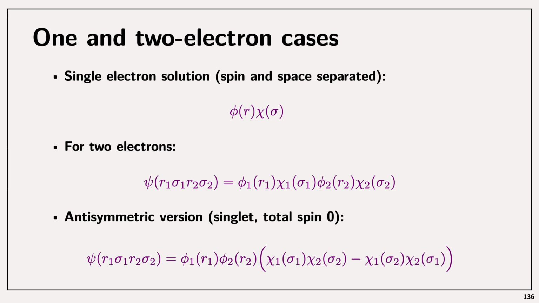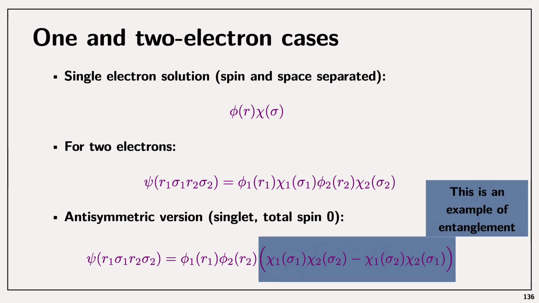For those of you interested in quantum computing and quantum information technology, it turns out that the spin part is actually an example of an entangled state. It's what happens from quantum mechanics. If you have two electrons here and you observe one electron to be in spin up, you will know for sure that the second one is in spin down.